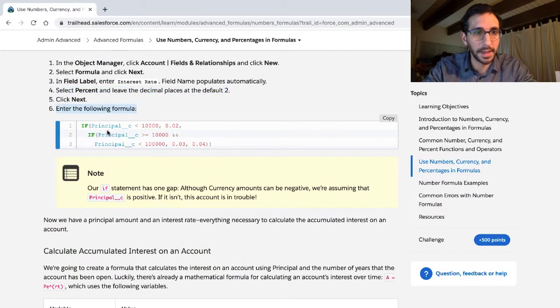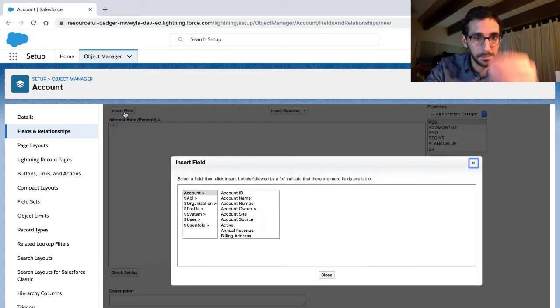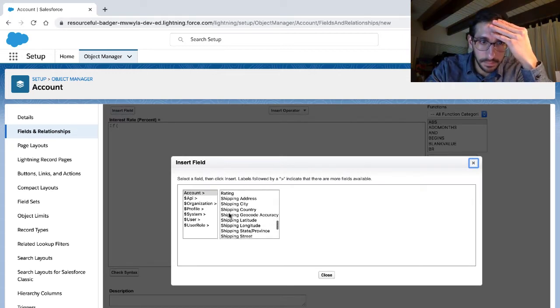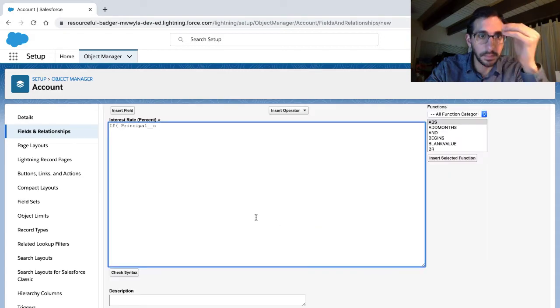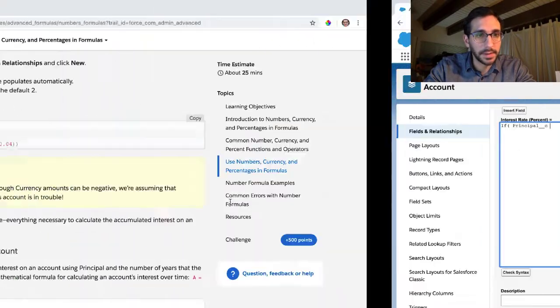Okay. I don't want to do it this way though, because copying and pasting would just be way too easy. Let me think this through. If principal, let me see if I can do this without.